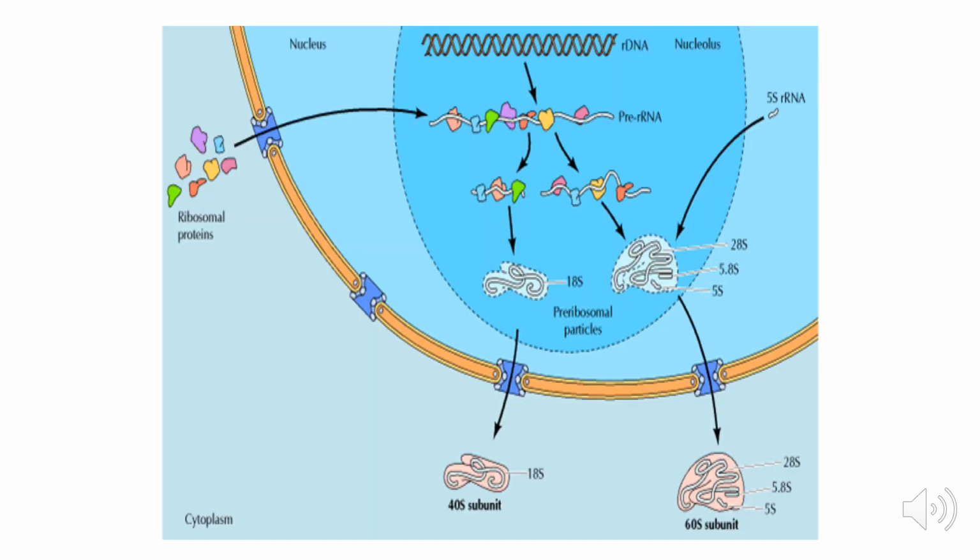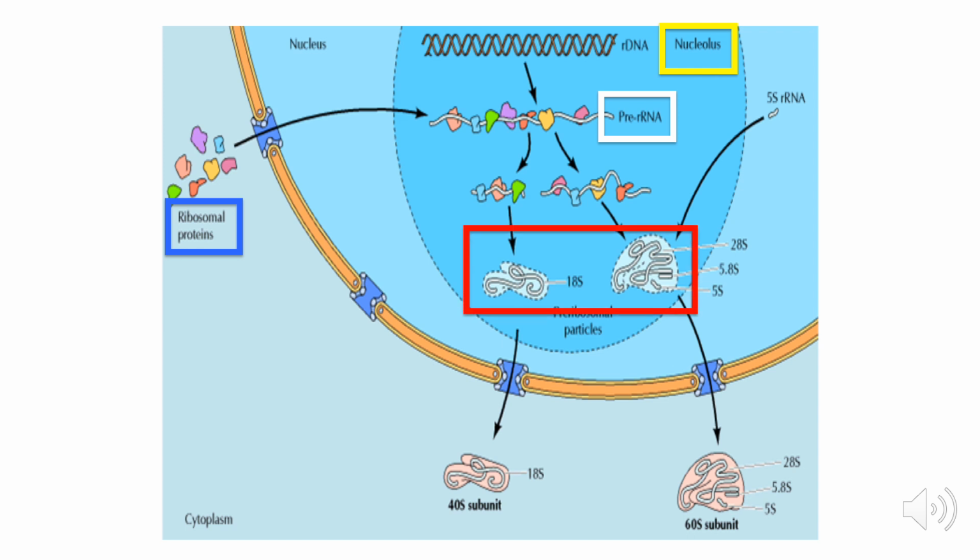So take a look at this picture. This is the nucleolus, and it functions to produce ribosomal RNA. And this ribosomal RNA will combine with proteins, and the combination of these two will now form the ribosomes.